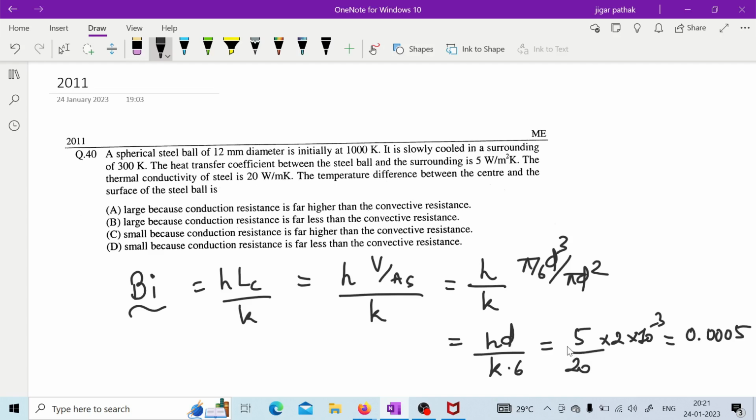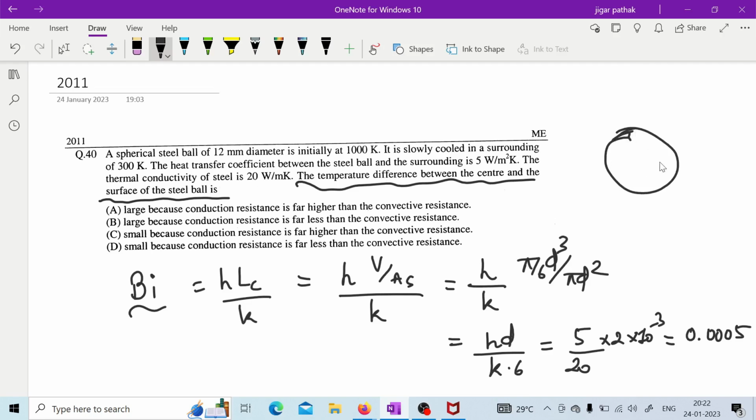Lumped analysis we may apply. But what is the question here? Check the answers. What are the options? Which option do you think is correct? They are asking the temperature difference between the center and the surface of the steel ball, as we considered while discussing the lumped parameter.